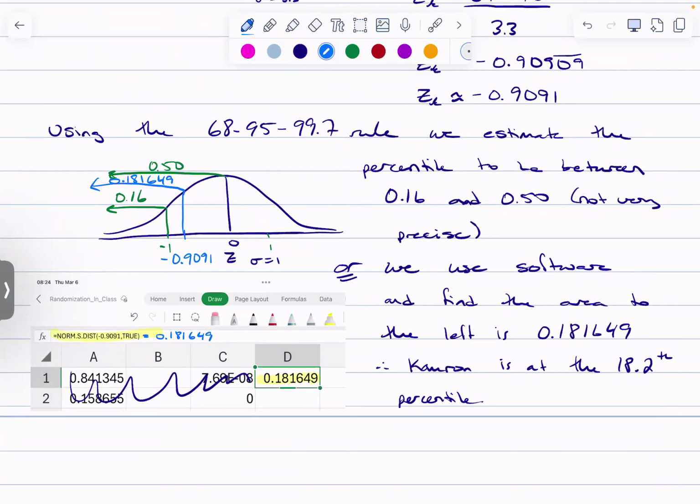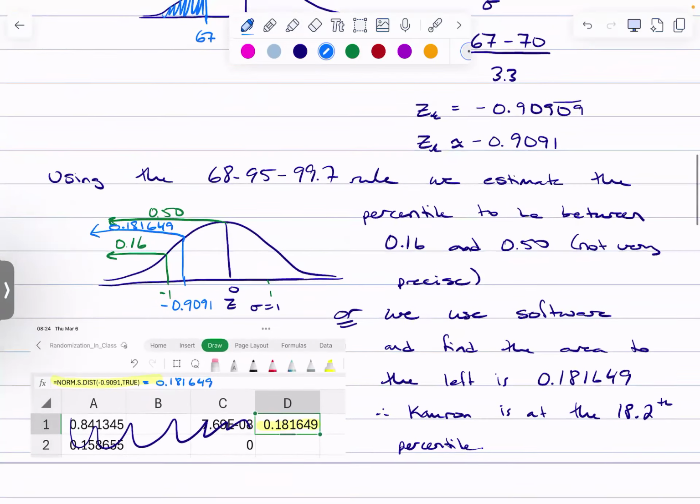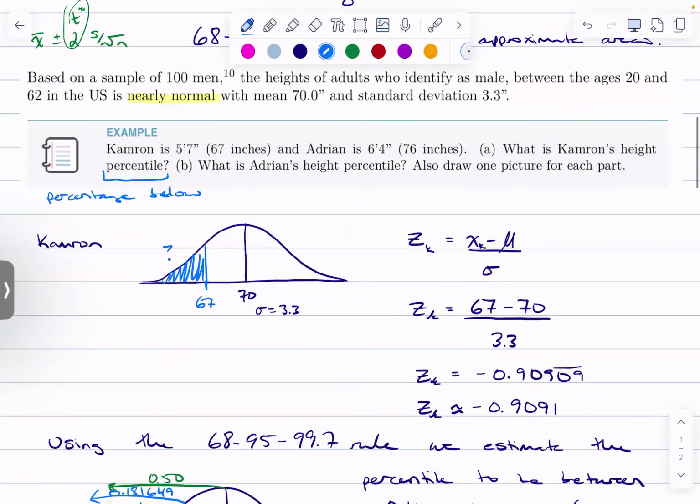Okay, so we found Cameron's percentile. What's Adrian's percentile? You can find Adrian's percentile, right? Do the same thing, but 76 inches. What do we already know about 76 inches?